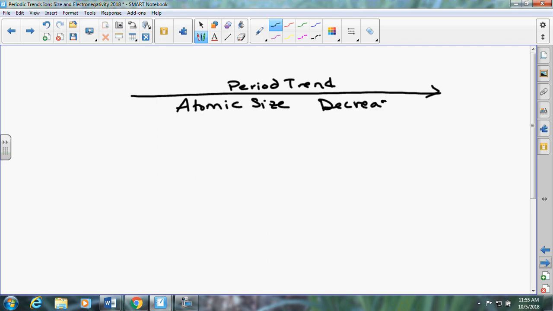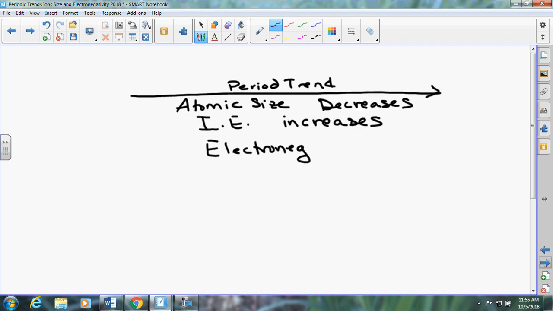We know that the ionization energy increases. It takes more and more energy to remove an electron. We know the electronegativity value increases. Because it's pulling in on the electrons more, because it's a smaller size, it is more likely to achieve or pull in an electron. That's the electronegativity.